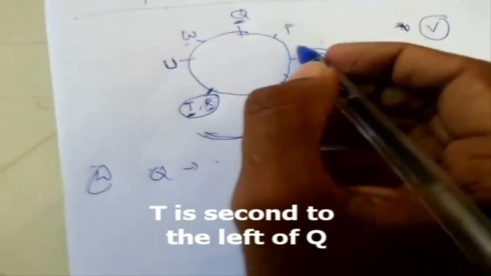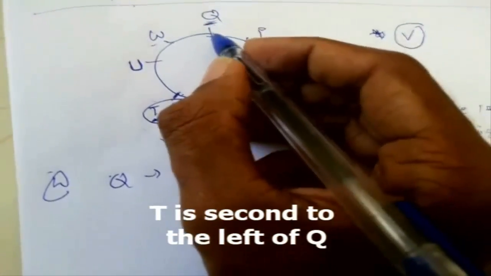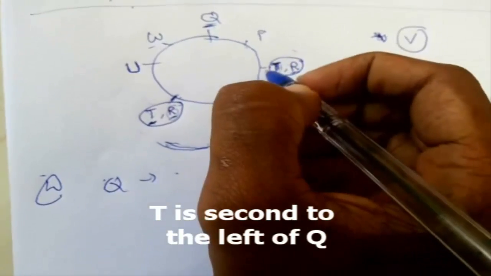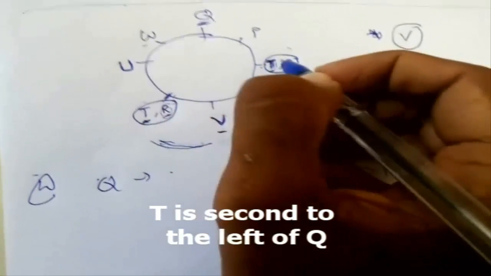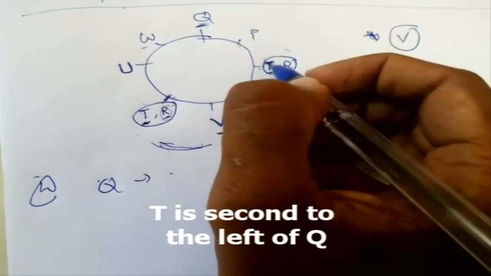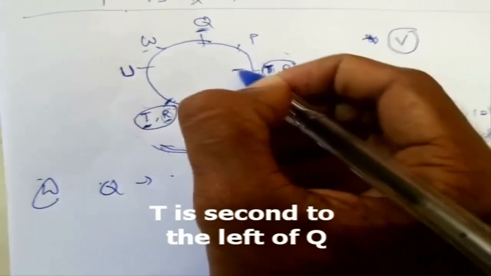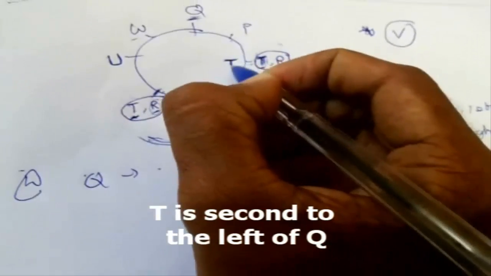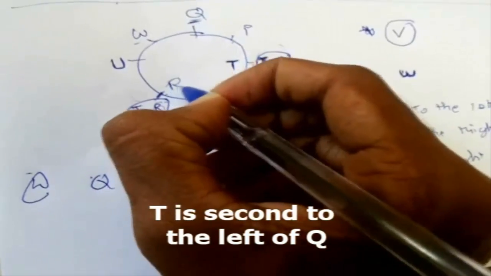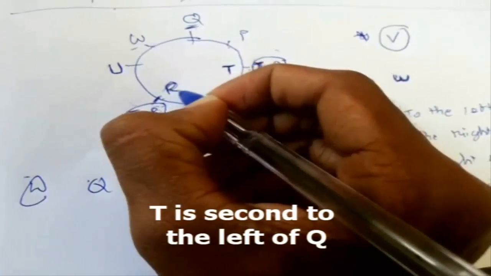Second to the left of Q means there is the first position, there is the second position. So if T is second to the left of Q, if T is here, then definitely R will be here.